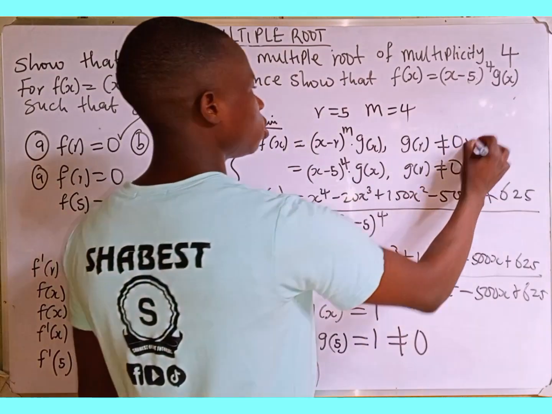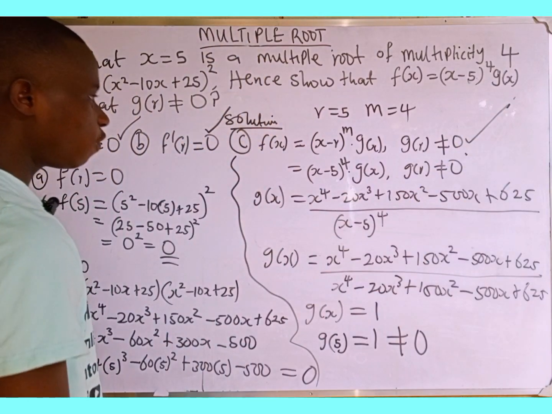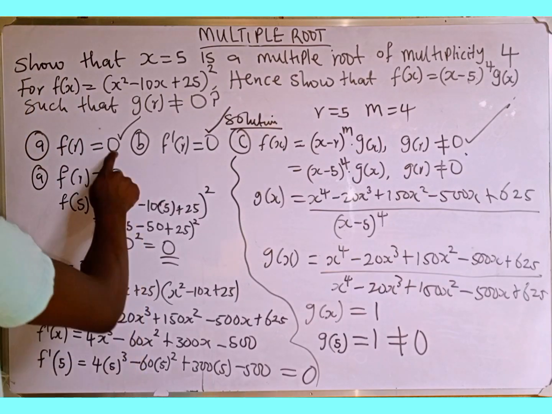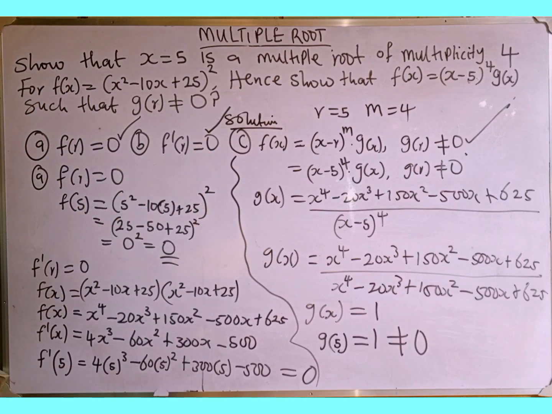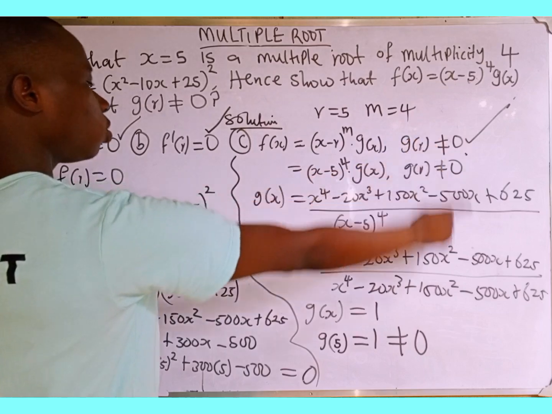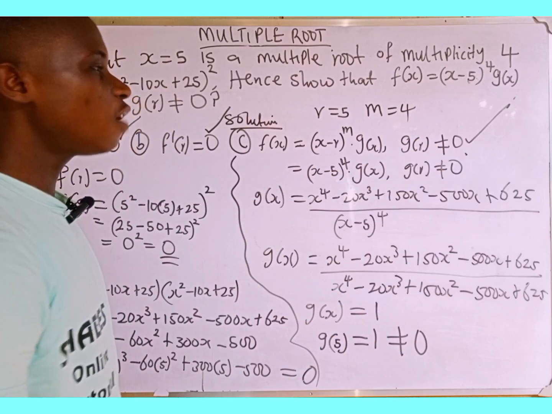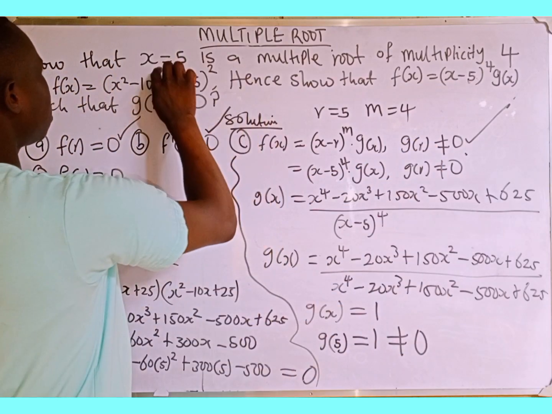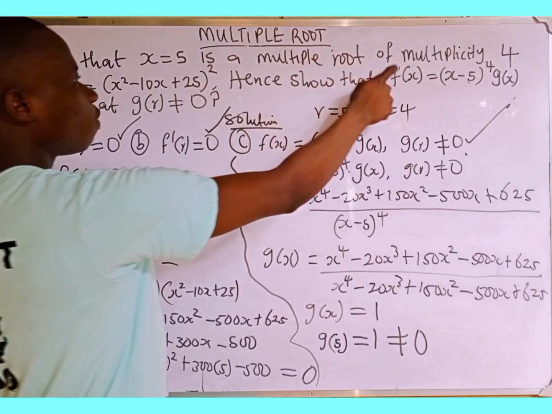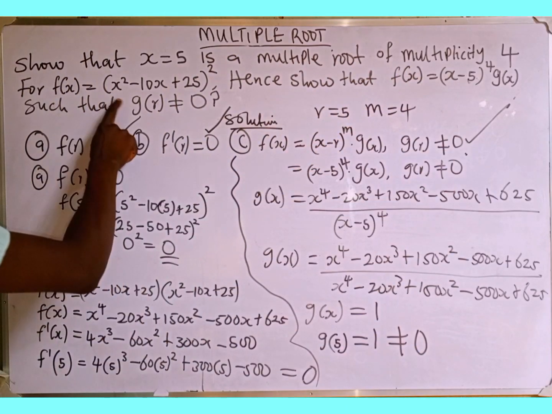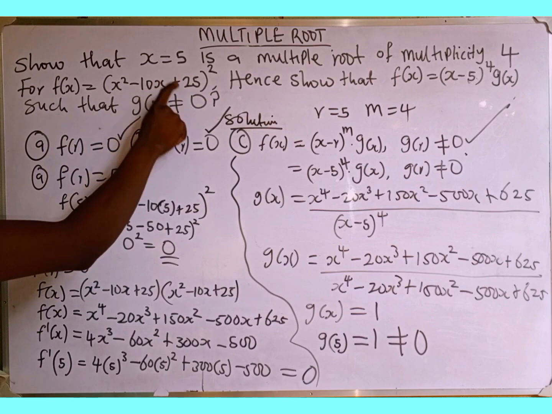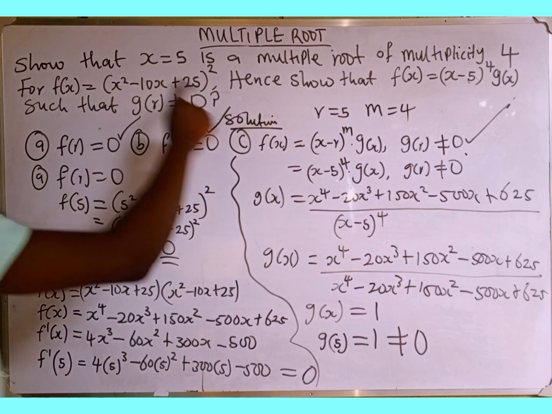Therefore, the third condition is also satisfied. So if you look at these conditions, the first condition is satisfied, the second condition is also satisfied, and the third condition is also satisfied. Therefore, we can conclude that x is equal to 5 is a multiple root of multiplicity 4 for this given function, x squared minus 10x plus 25 all to the power of 2.